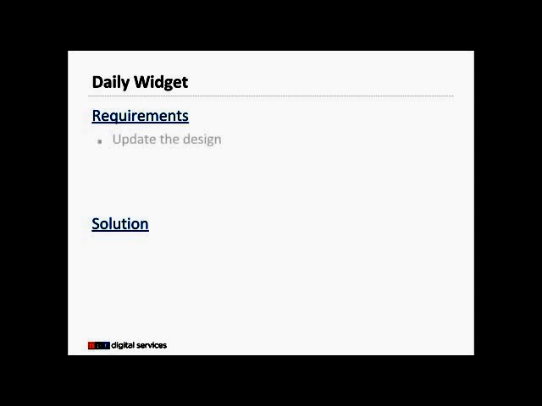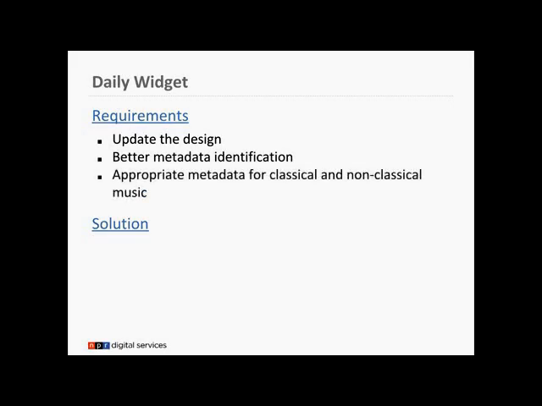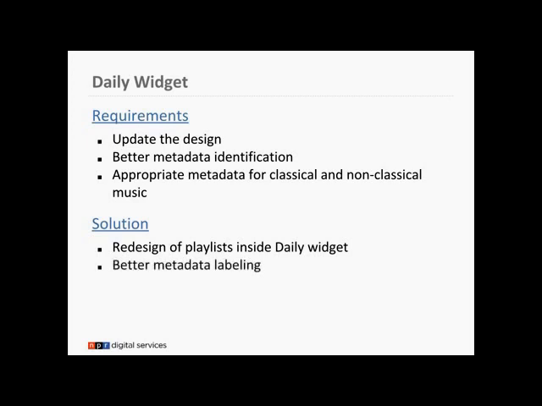The daily widget: since we were doing all this work on the playlist widget, we also wanted to bring the daily widget and the now playing widget into line with the same design that we did with the playlist widget. So the requirements for the daily widget were to update the design, similarly to the playlist widget, also include better metadata identification, and make appropriate metadata for classical and non-classical music visible on the widget.